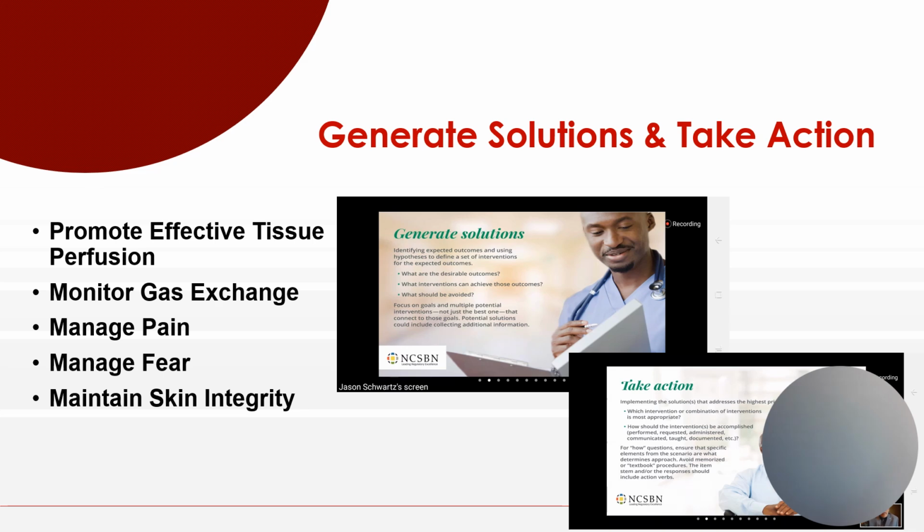We need to monitor their vital signs, their skin and mucous membrane color, their cognition level, if they're alert and oriented. We also need to monitor their urine output. Again, they're going to become oliguric because of this DIC, and it affects not only the brain and the heart and the lungs, it also affects the kidneys.